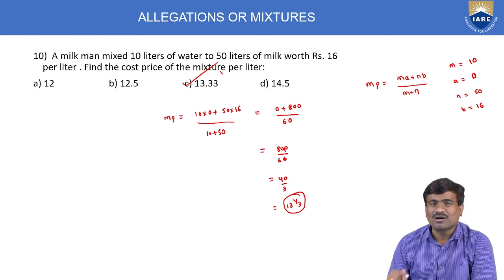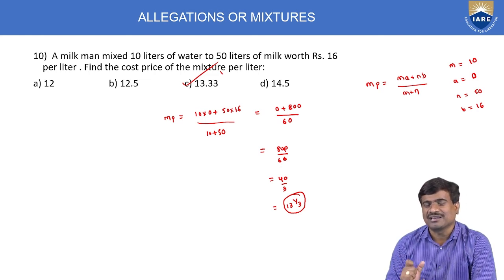In this formula, if water and milk prices are not given, take 0 and 1 respectively. But M, N indicate only quantities, and A, B indicate only cost prices, not selling prices.